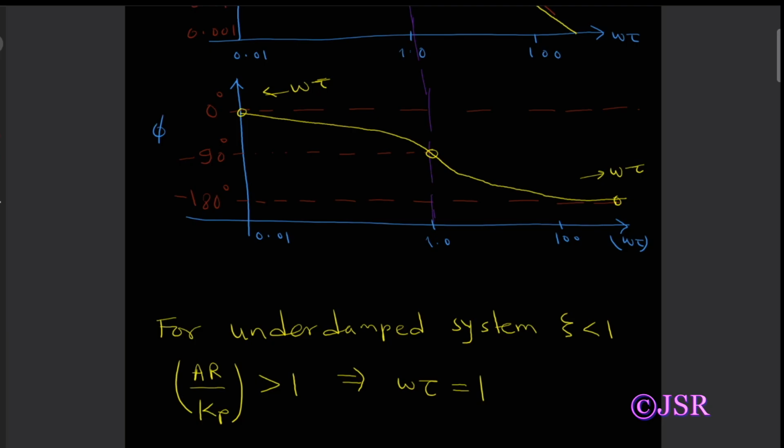So in that case, when zeta is less than 1, we will have AR upon Kp greater than 1.